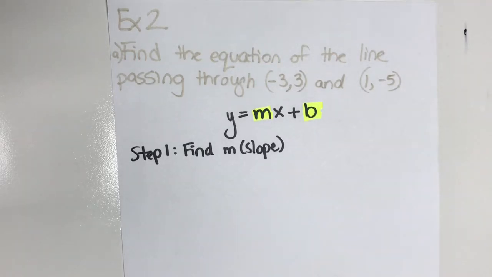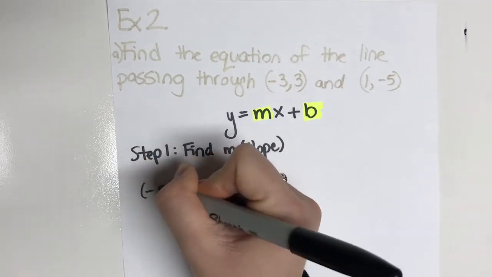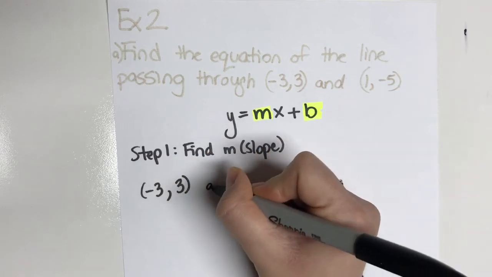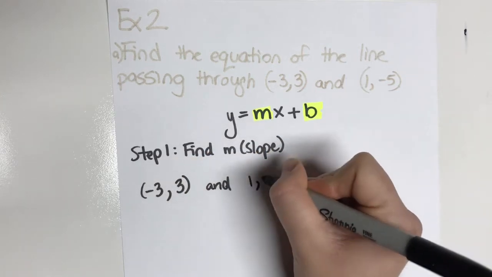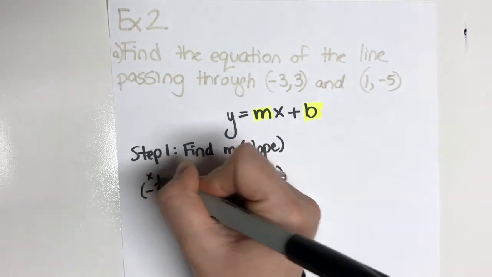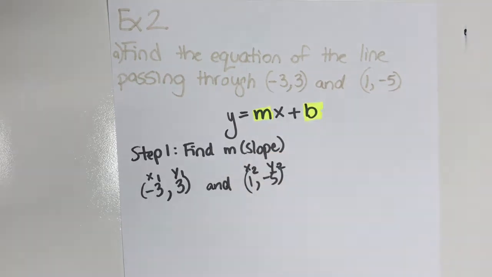I'm going to use the formula and these two coordinates. So my coordinates are (-3, 3) and (1, -5), and I'm going to label them x1, y1, x2, y2.